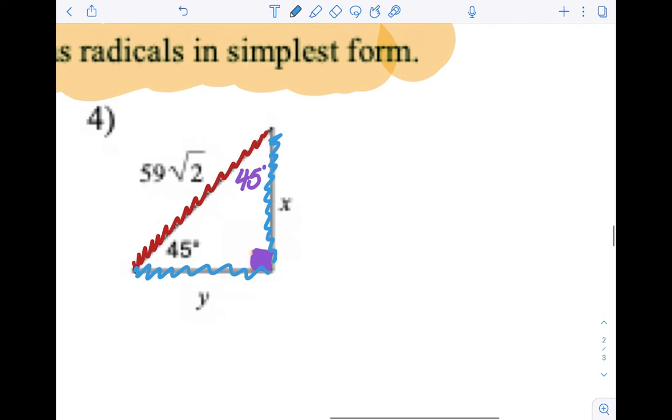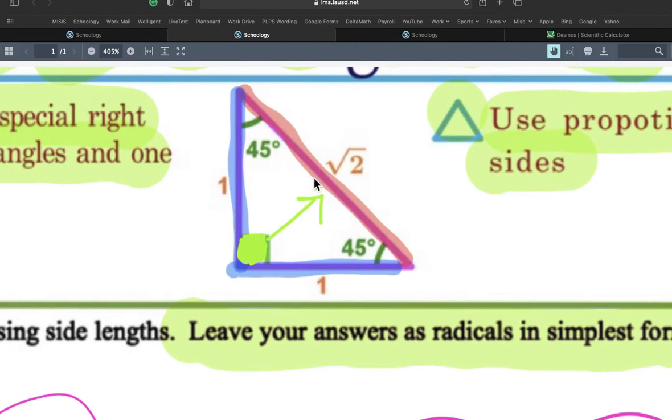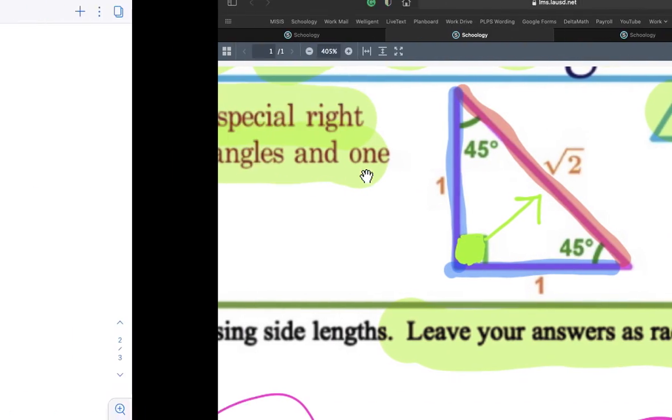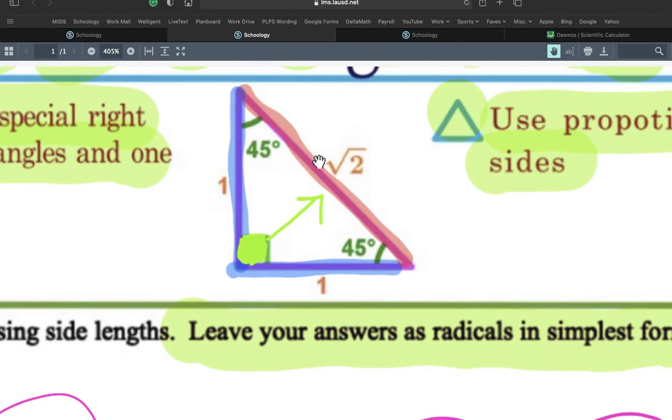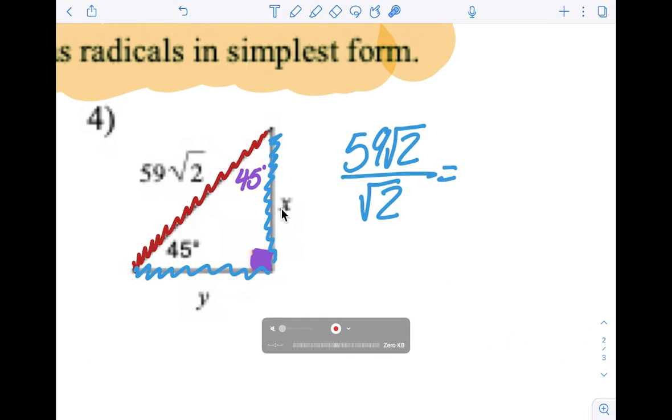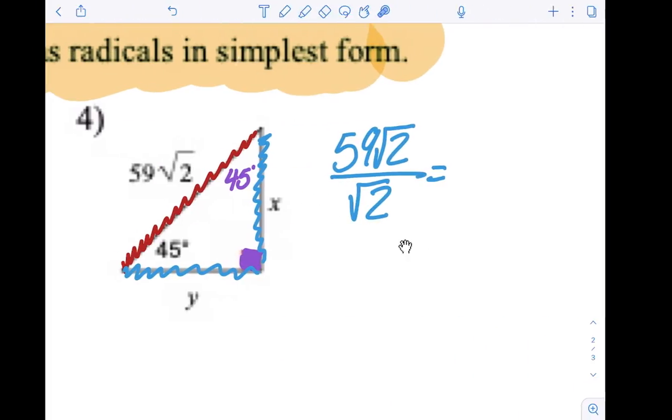59 radical 2 over, okay, that's this red, over that red is radical 2. So we say radical 2 is equal to x, blue, over 1.